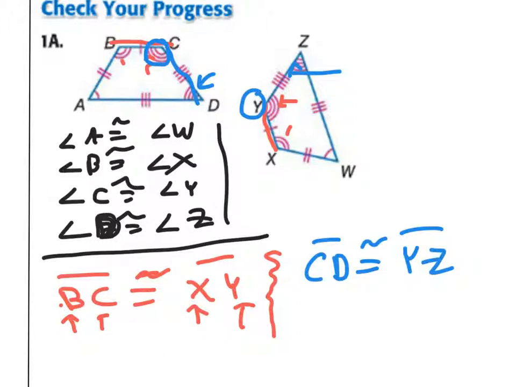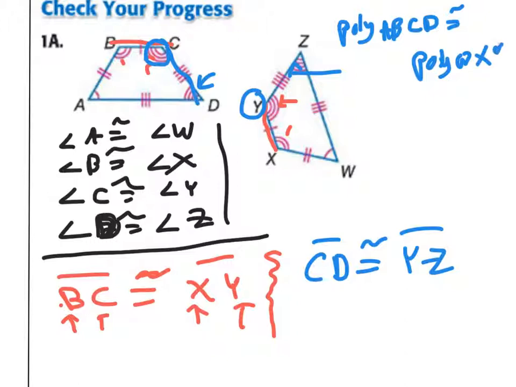But my final statement is going to be polygon, and I'm going to go alphabetical to start with. It doesn't matter. A, B, C, D is congruent to, I ran out of room, so I'll go down here, polygon. Now A was the 1 mark, so I got to start with W. B was the 2 mark, I got to move to X. C was the 3 mark, I got to move to Y. And D was the 4 mark, I've got to finish with Z. So it's hard to see that, and a lot of you get freaked out by that, so I'll write it a little clearer here.